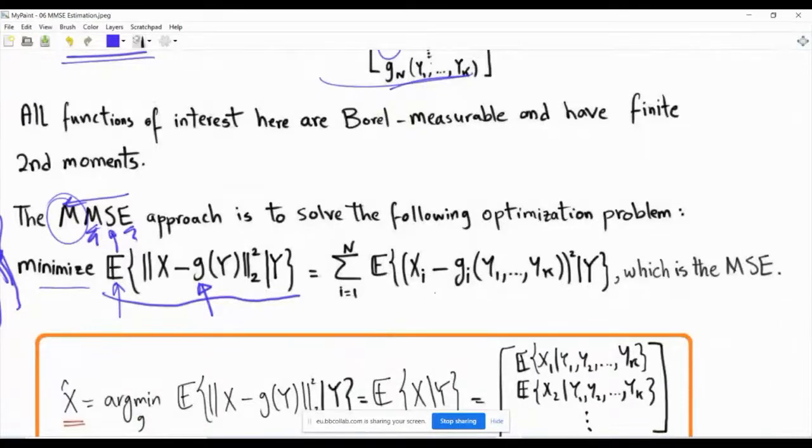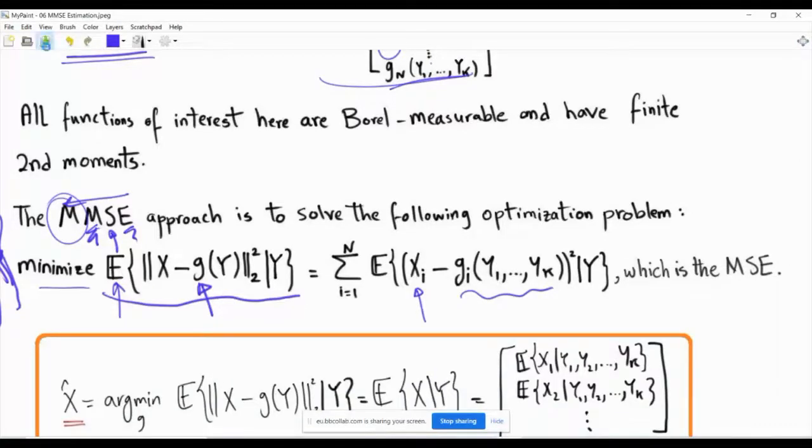Each component here is some xi, and we have n of those, minus its estimated value, which is a function gi applied to y1 to yk, which are assumed to be given. Then we square, take the expected value, and find the g's that minimize this quantity.